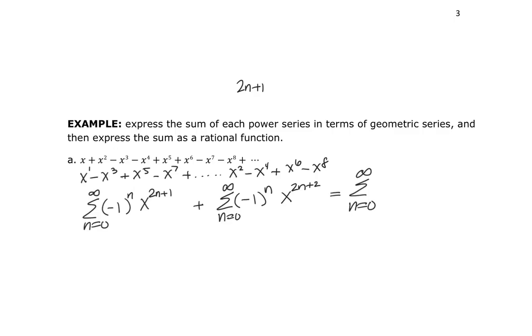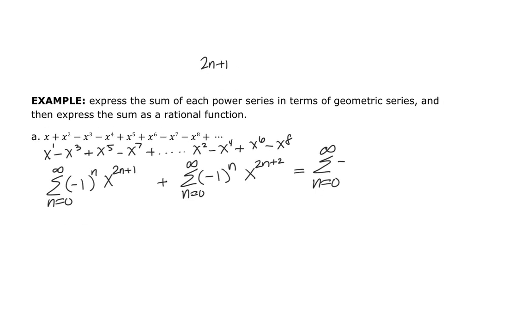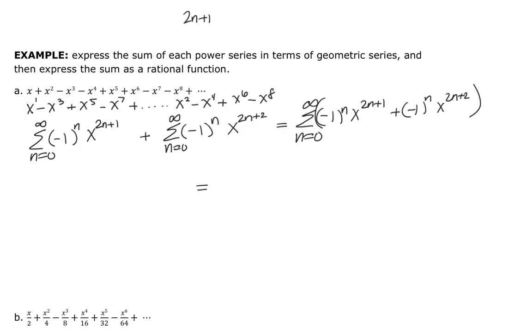infinity of -1 to the n, x to the 2n plus 1, plus -1 to the n, x to the 2n plus 2. So this is going to be the summation of n equals 0 to infinity.